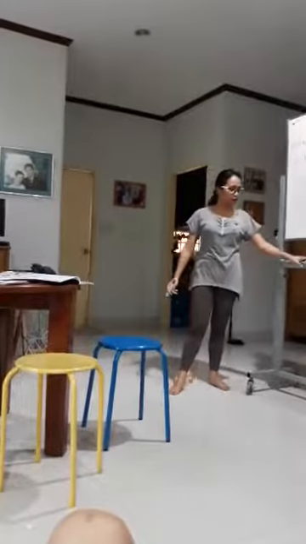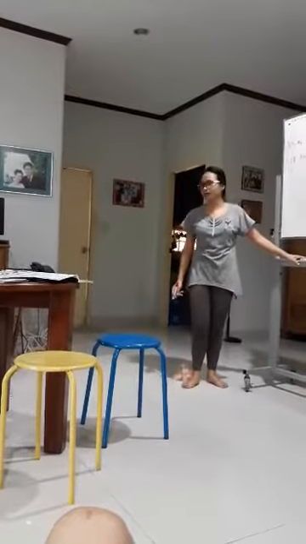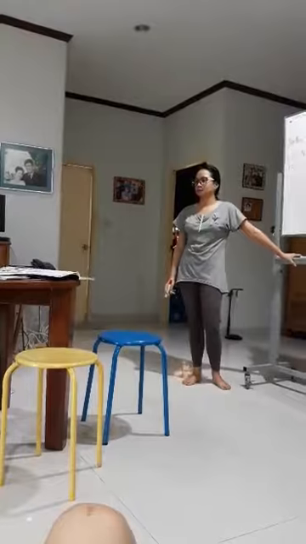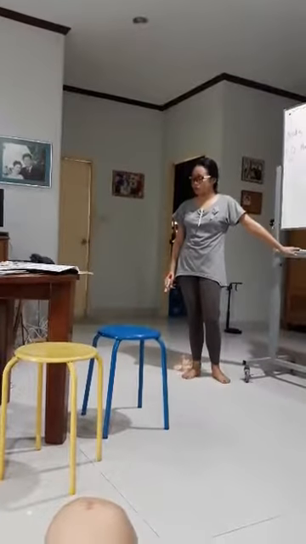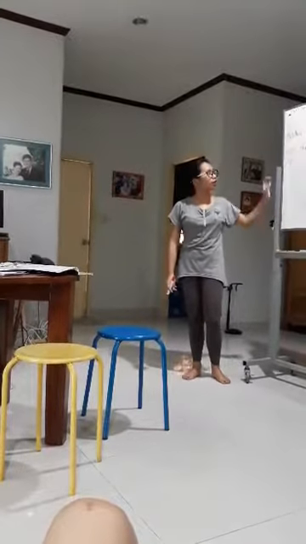Now, can you please explain to me what is a vowel? A-E-I-O-U. Very good. Can you think of a word that ends with vowel? An action word that ends with vowel.